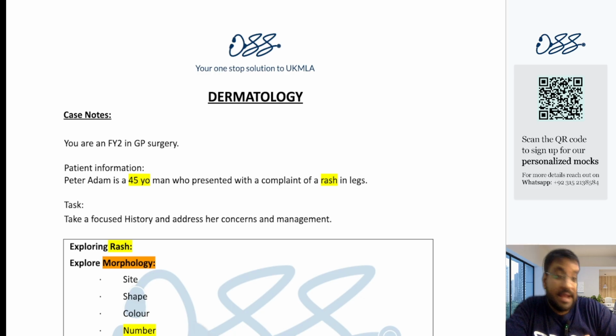The advice is really important in dermatology stations. You need to make sure that you advise about the contact precautions, reducing sun exposure, changing the pillows, maintaining hygiene, and taking time off work wherever it is relevant.